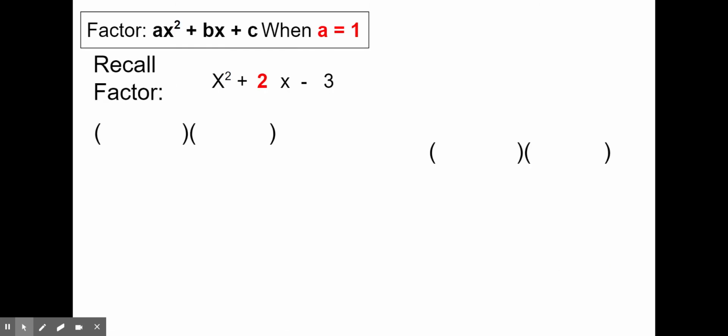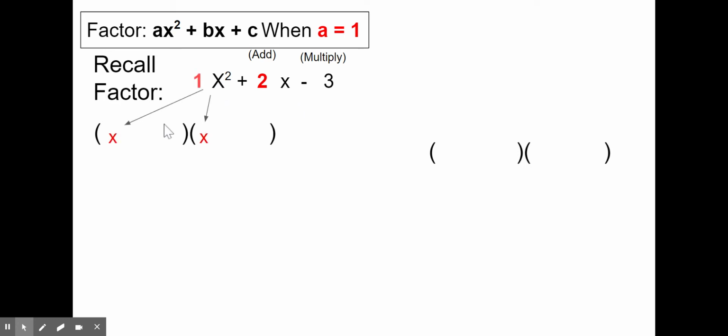If you remember, yesterday we talked about x squared plus 2x minus 3. If your lead coefficient, or your a, was equal to 1, it was just a simple matter of finding two numbers that added to 2 and multiplied to negative 3. So two factors of negative 3 that added to 2.